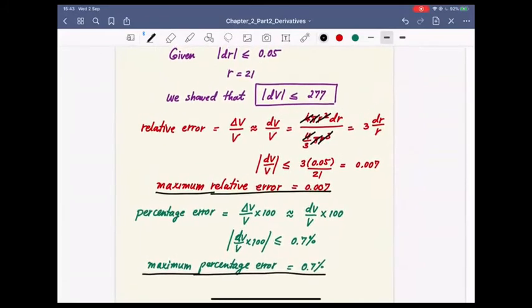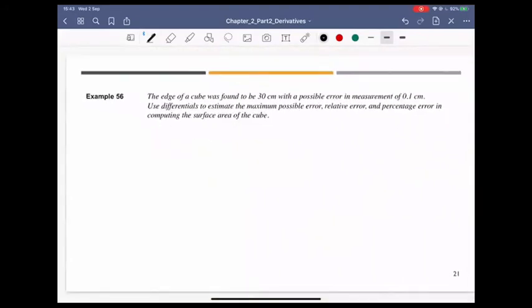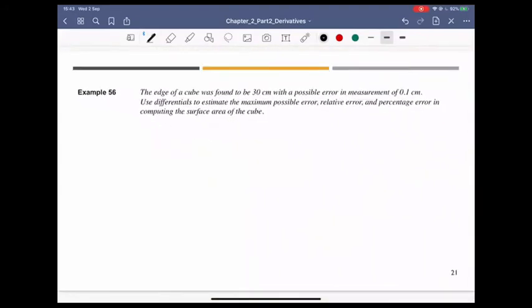All right, so let's do another example here. This is example 56. The question says that I have a cube and the edge of the cube was found to be 30 centimeters with a possible error in measurement of 0.1 centimeter.